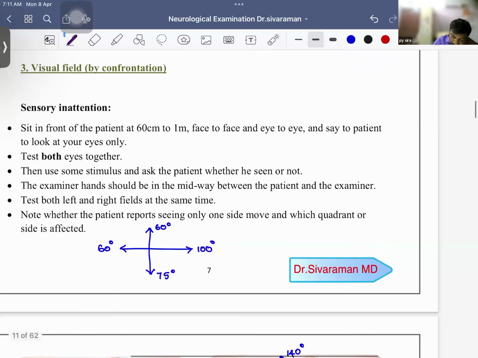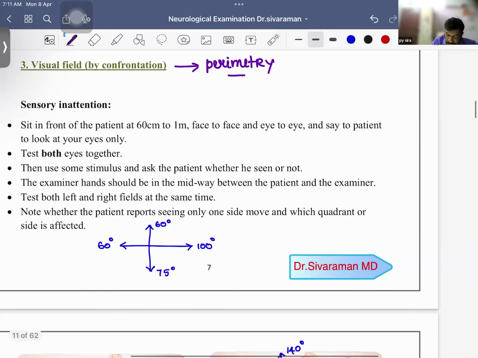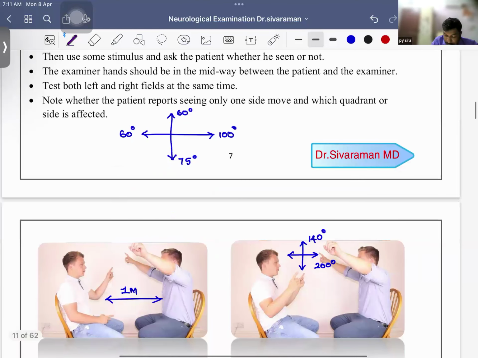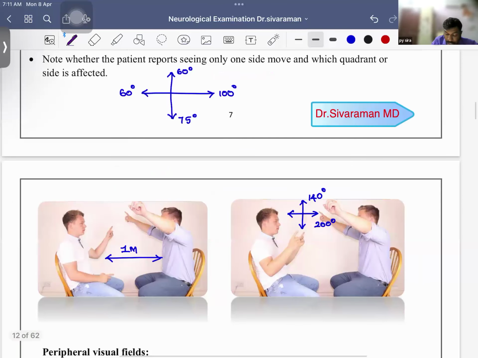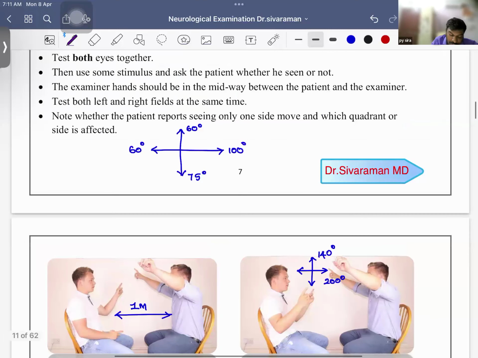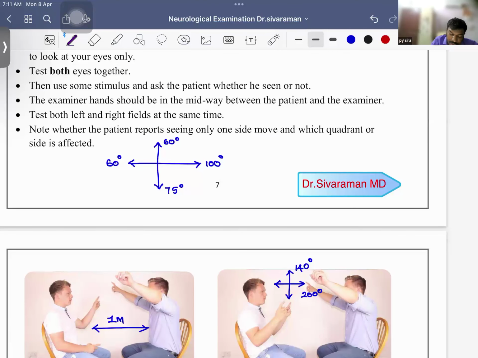The next is field of vision. The field of vision can be measured by different methods, like perimetry, etc. But here we are going to use the confrontation method. In the confrontation method, you make the patient sit at a distance of 1 meter and check the field of vision. The upper part can move up to 60 degrees, medially up to 60 degrees, 100 degrees, 75 degrees.